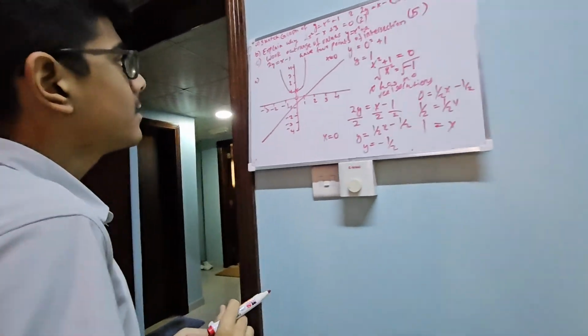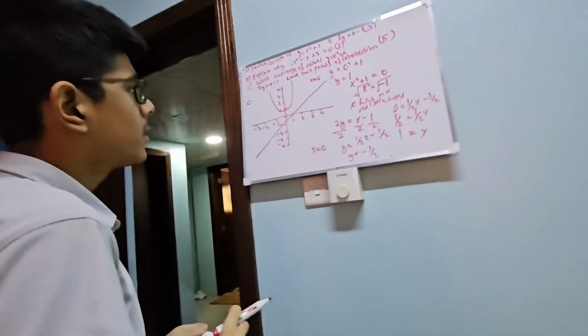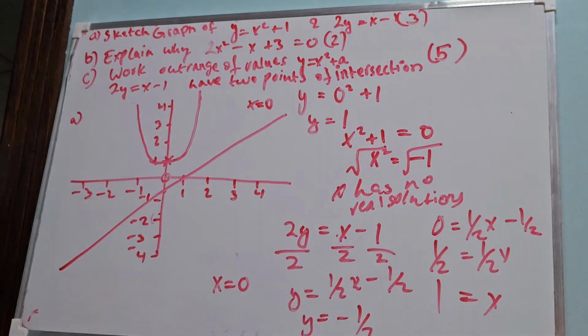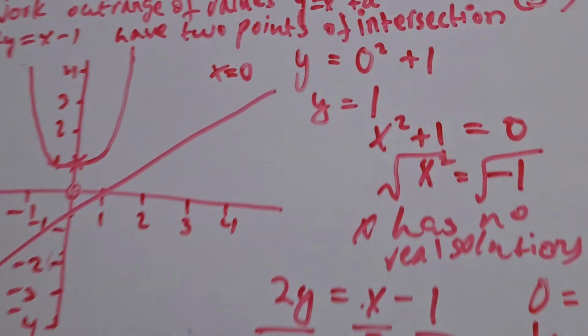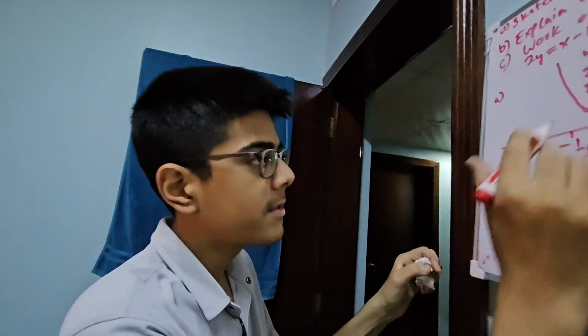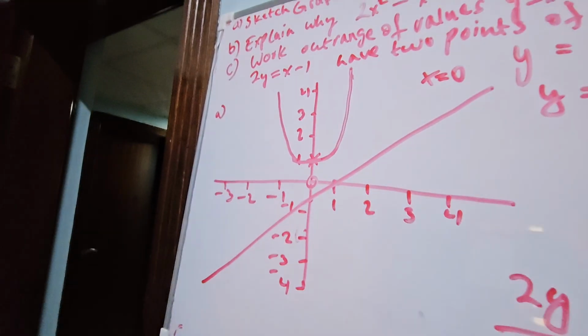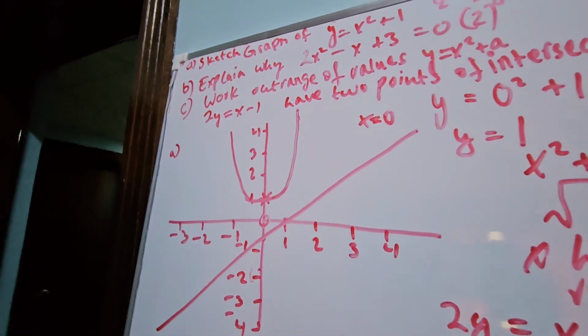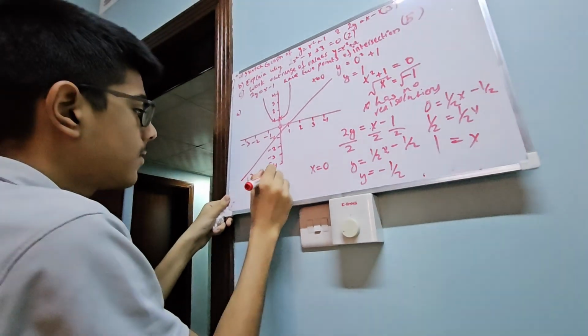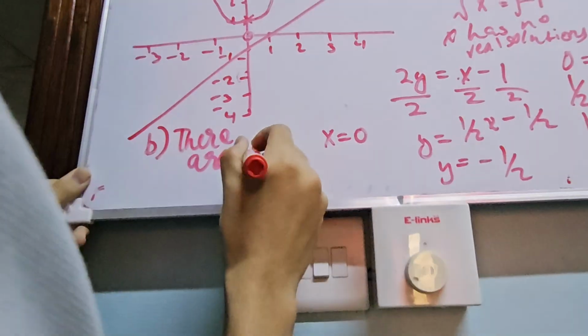And for part B, explain why 2x squared minus x plus 3 is equal to 0 has no solutions. Well, you can clearly see over here that there are no points of intersection. They are not cutting each other, okay? So for B, there are no points of intersection.